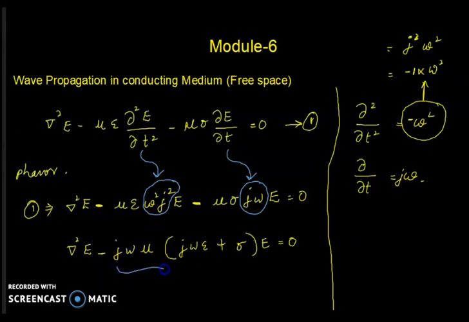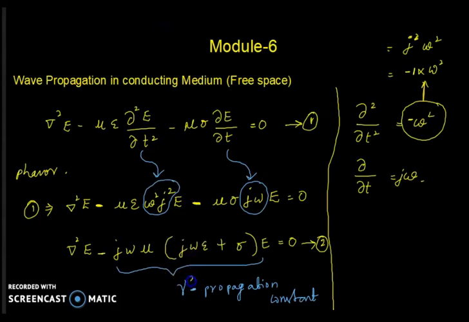We consider this as gamma. It's the propagation constant. We will take this as equation number 2. So 2 we can rewrite as del square E minus gamma square E equal to 0, just like beta square.